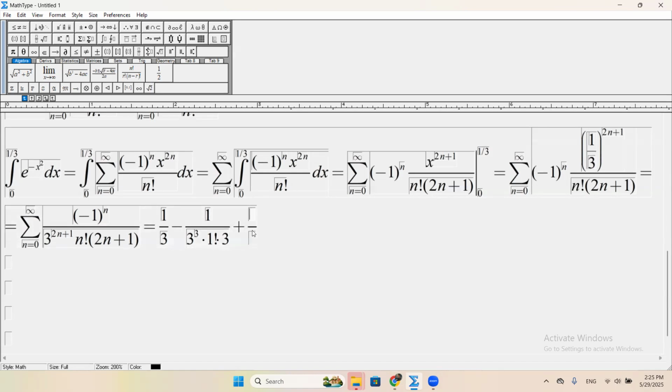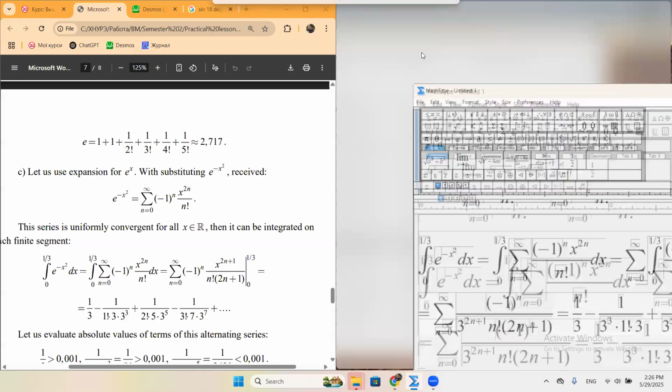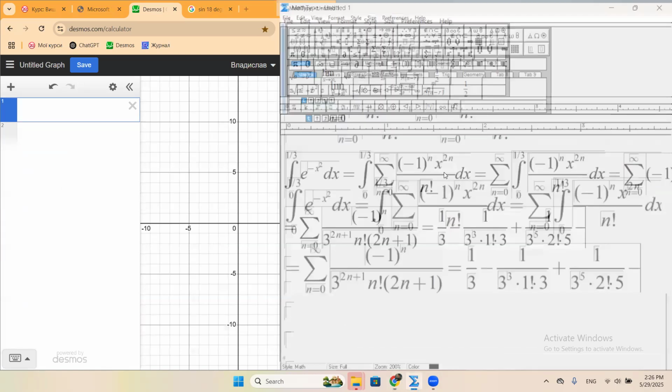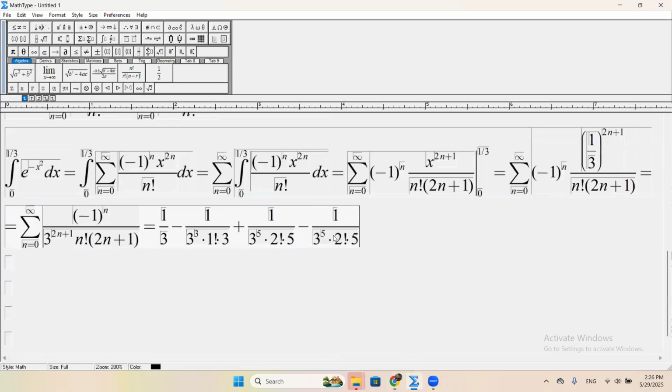Then plus 1 over 3 to the power of 5 by 2 factorial by 5, and so on. Okay, let us start checking these values, to see if there are enough terms. Let me write down one more term. So 3 to the power of 7, here will be 3 factorial, and here will be 7, and plus so on.